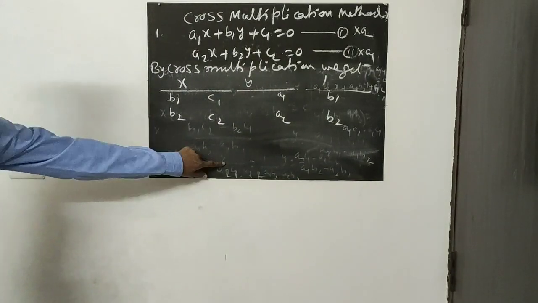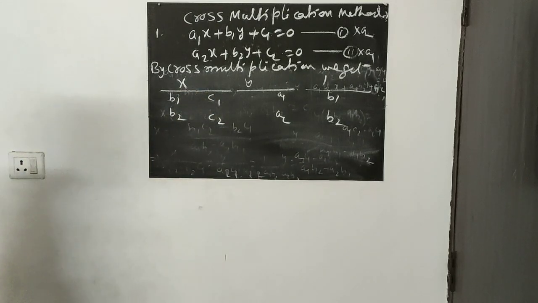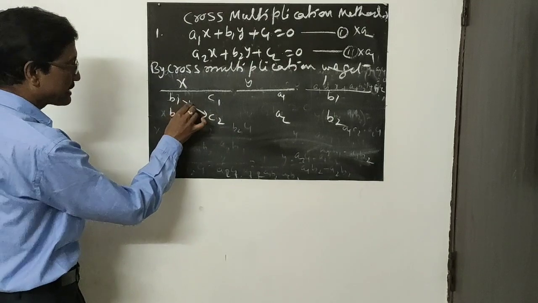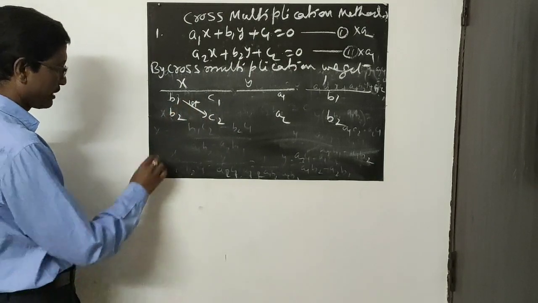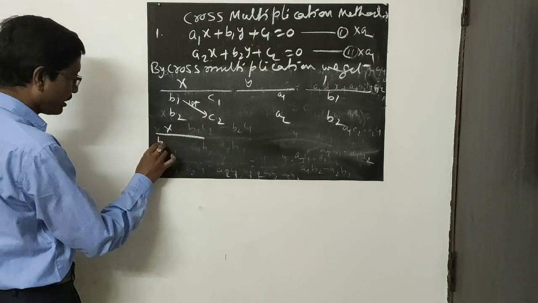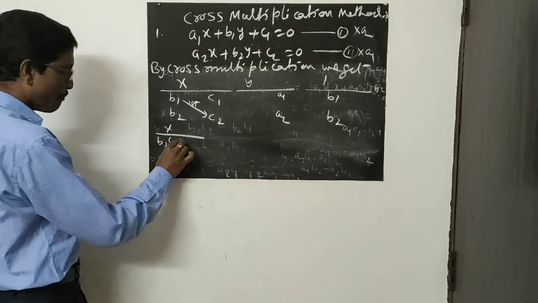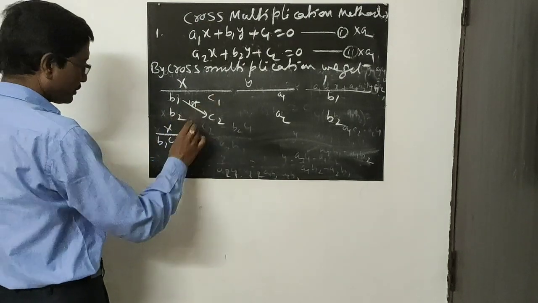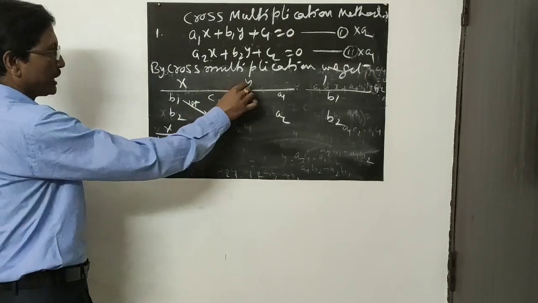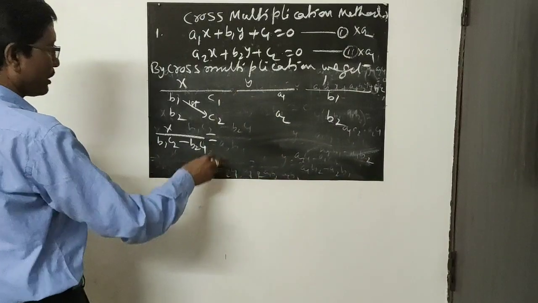You have already seen how it has come, and this is the trick for how it can be written. First, always this order is the first order to be written. So x by b1 c2 minus b2 c1 equal to, all these three equal.